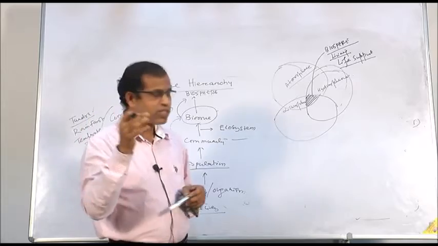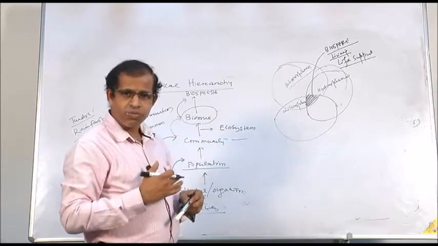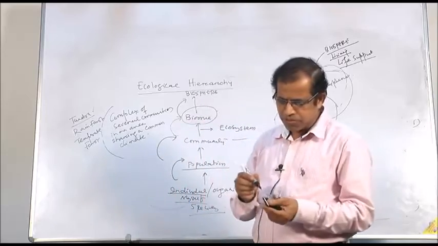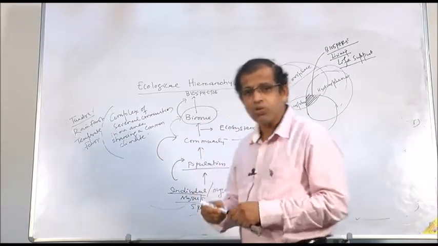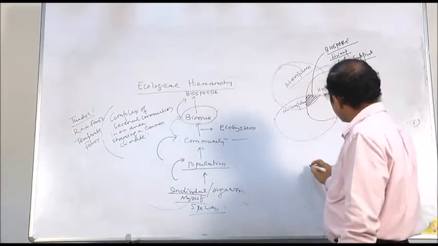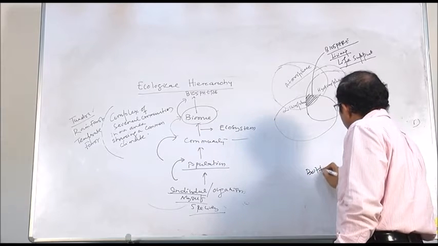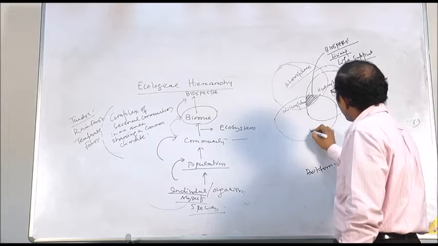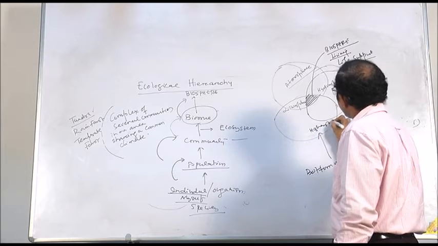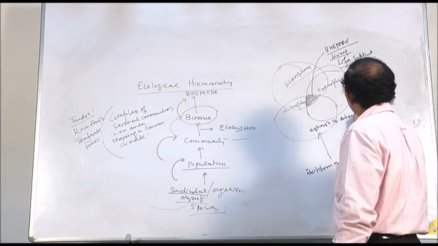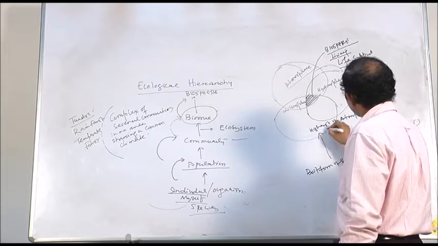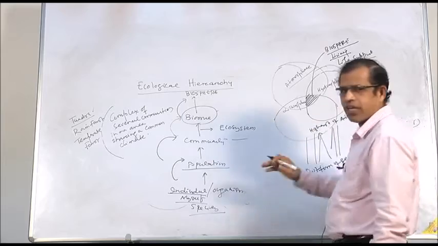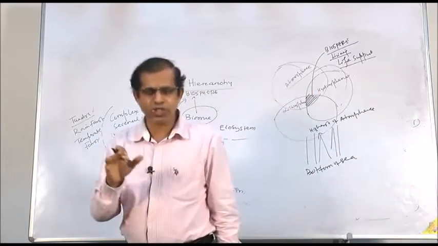The zone of the biosphere starts from the bottom of the sea and moves up to the highest part of the atmosphere. In this zone, you will find living organisms residing in that sphere, which is called the biosphere.